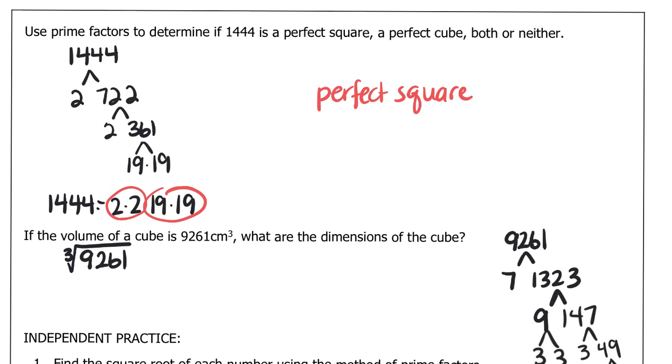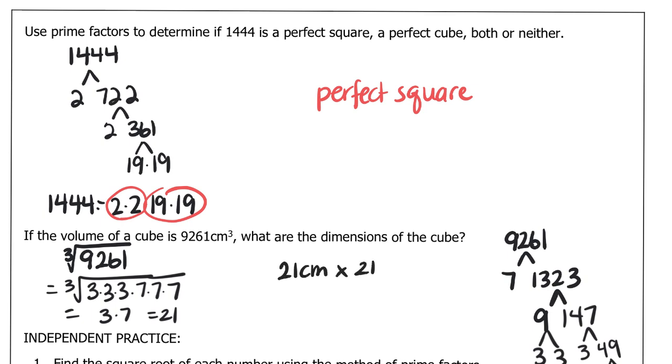Okay, so the side length of the cube will be the cube root of 9261, which when I write my product of prime factors, is 3 times 3 times 3 times 7 times 7 times 7, which is 3 times 7, which is 21. So the cube will have dimensions 21 centimeters by 21 centimeters by 21 centimeters.